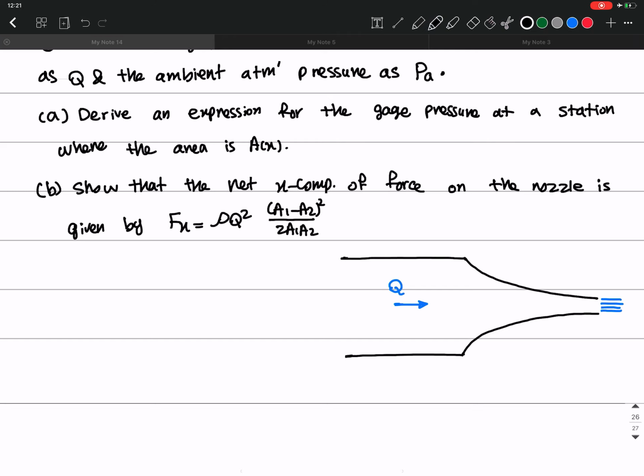And what are A1 and A2? A1 is the area here, and A2 is the area here. And AX is just any arbitrary distance between these two.